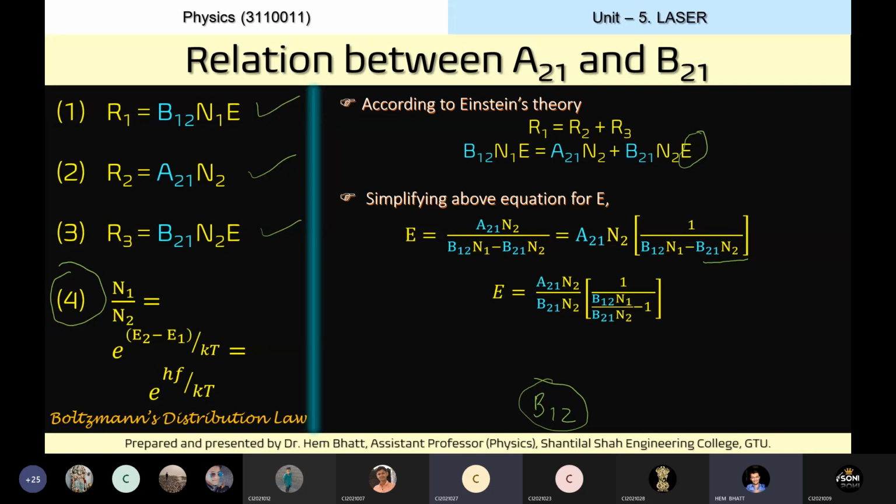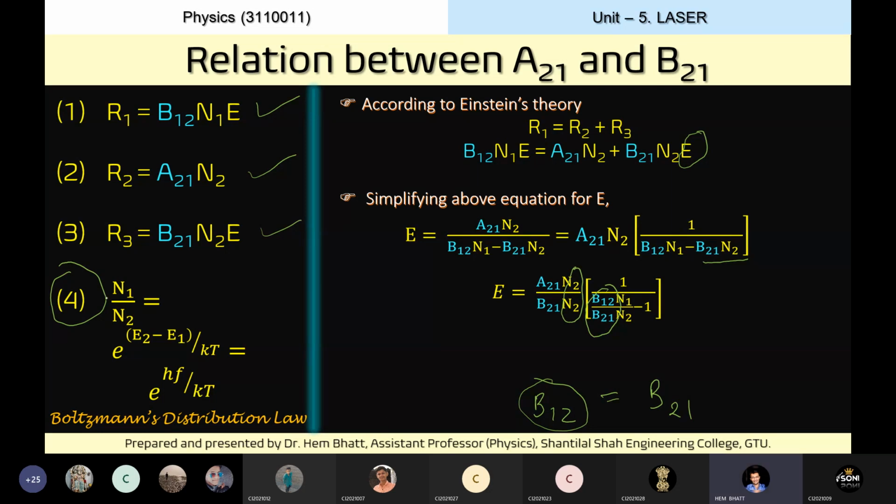Yes, according to Einstein's theory, stimulated absorption and stimulated emission both should have same value. So B12 and B21 should be same. So in this equation you can cancel out these two. એ બેની કિંમત એક સરખી જ હોય. Moreover, N2 N2 will get cancelled out.